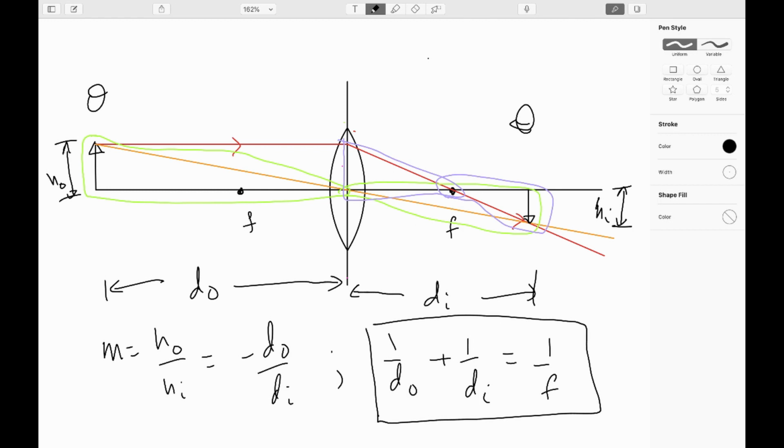And focal lengths are positive if the lens is converging, like the one I've drawn here, negative if the lens is diverging, and we'll see an example of a diverging lens.